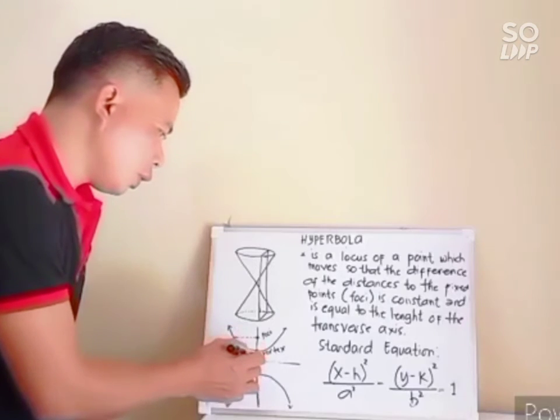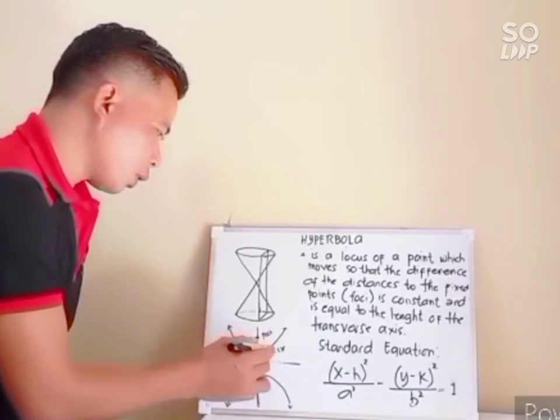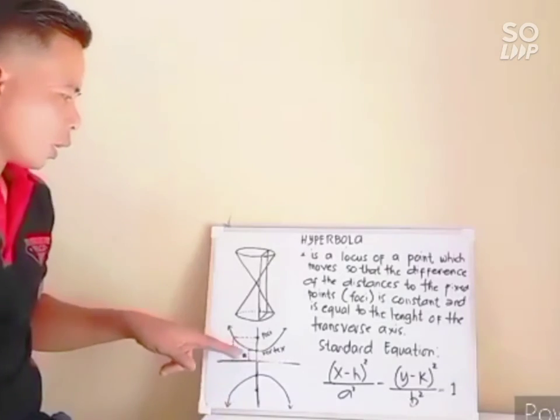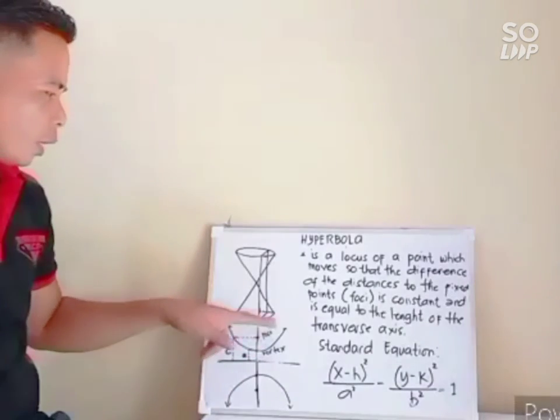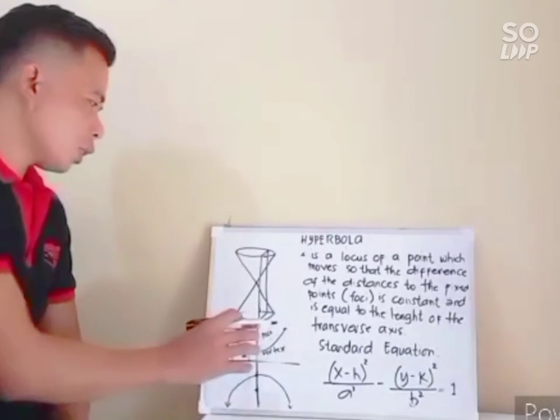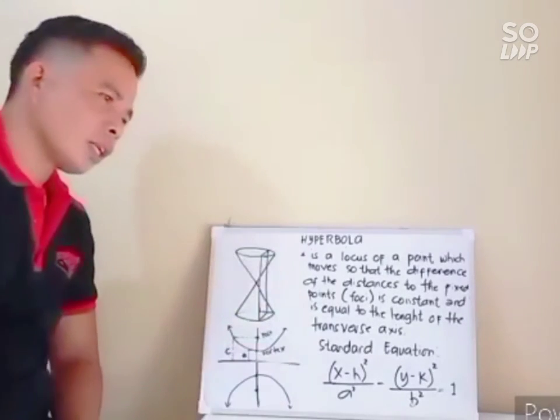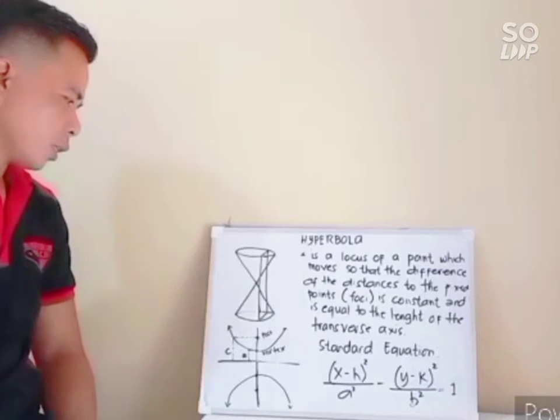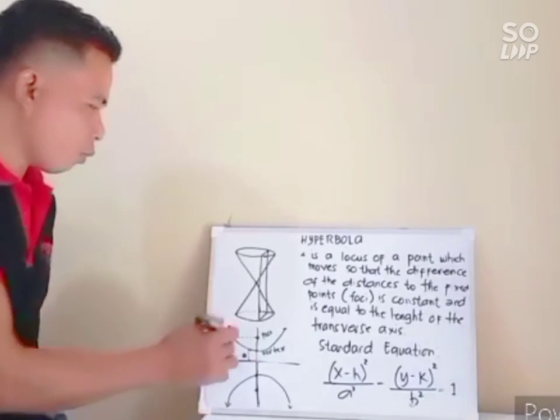From the origin to the vertex, as you can see, the face of the parabola is facing the foci. This is the foci.